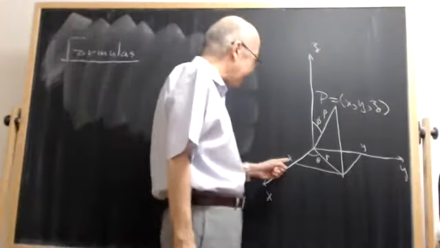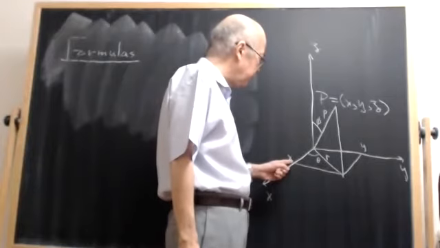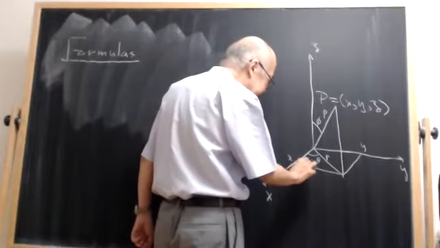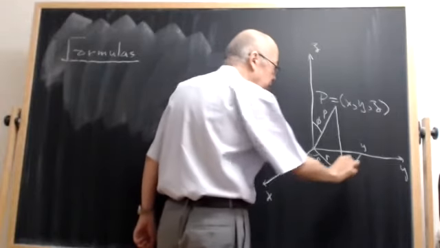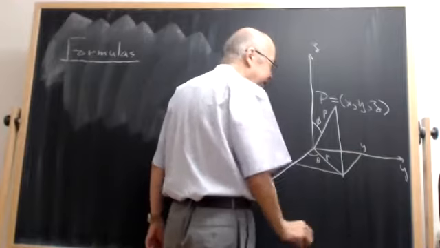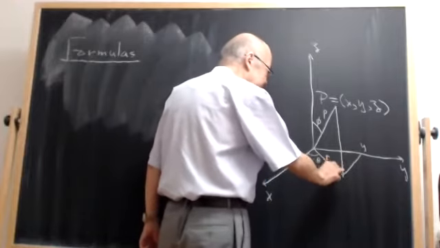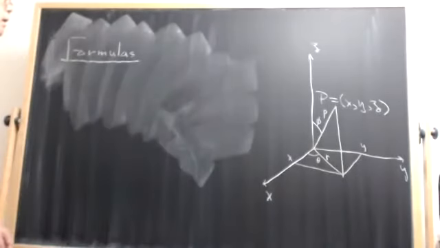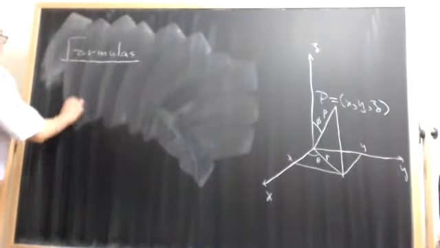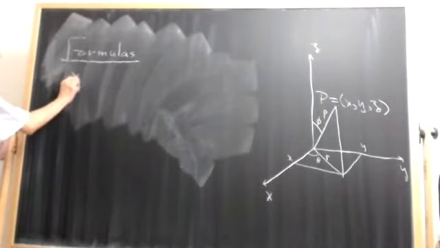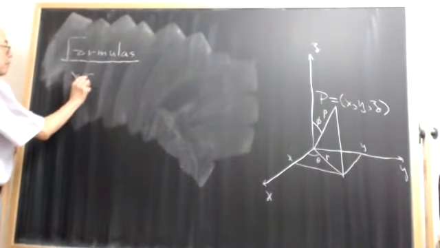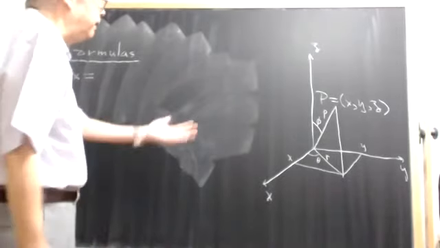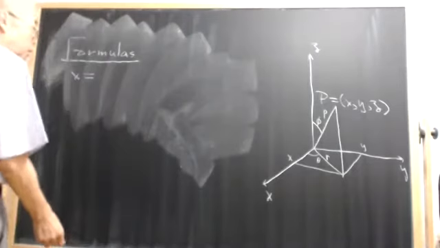Let's look at x first. Well, we know that this is a right angle. This is also a right angle. So is this one. So what is x? X, as usual, is equal to r cosine theta.